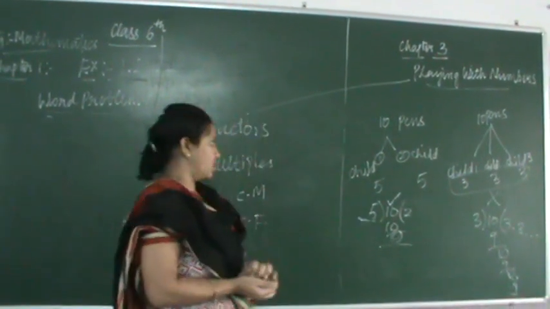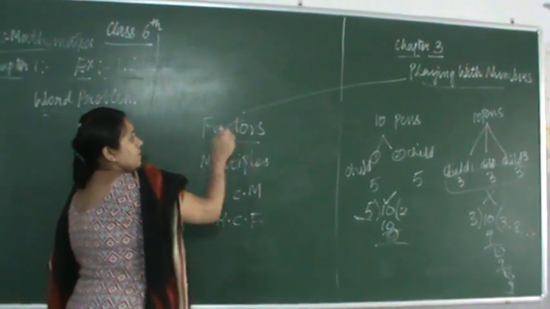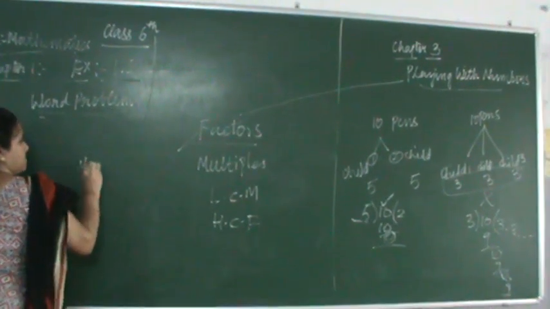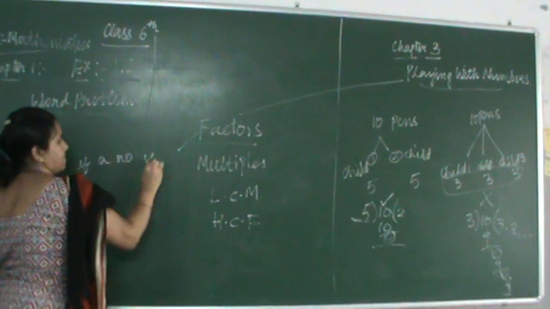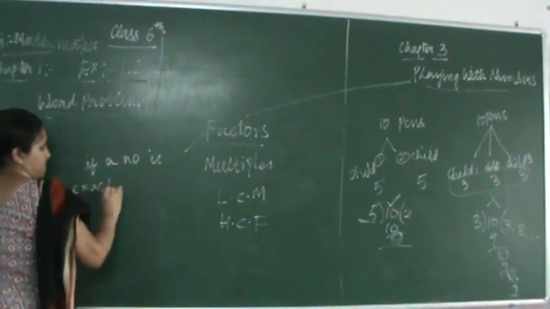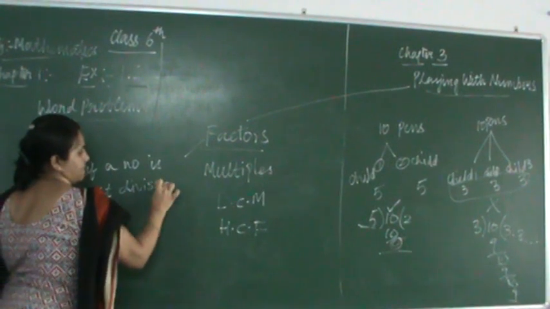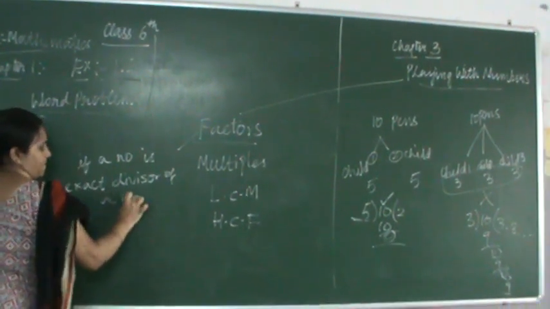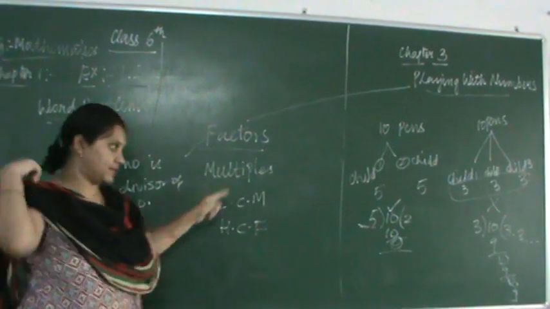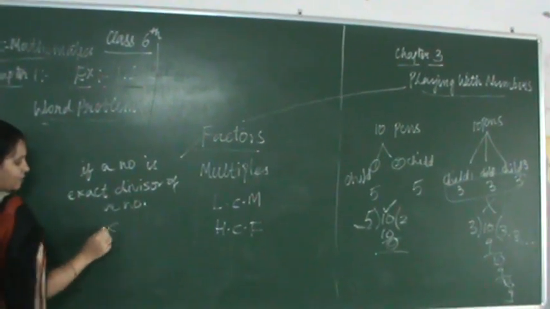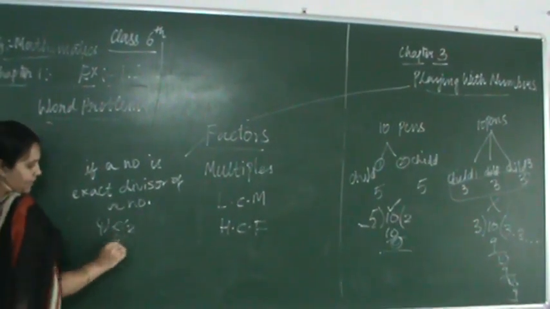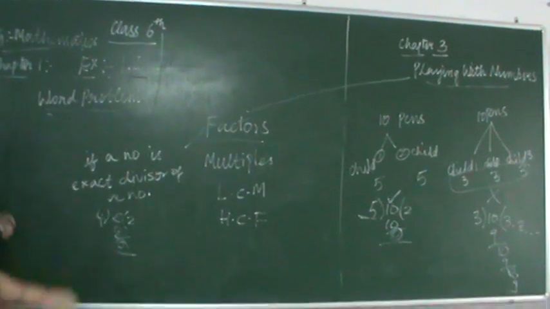Understood now? For example, 8: I have 4 dividing 8. 4 2s are 8. So 4 is a factor of 8.